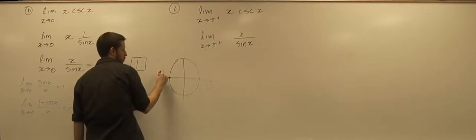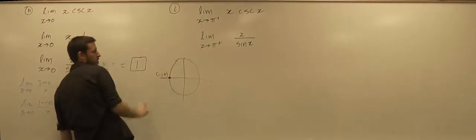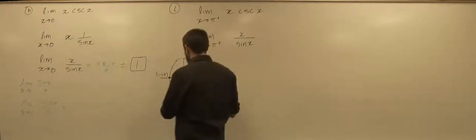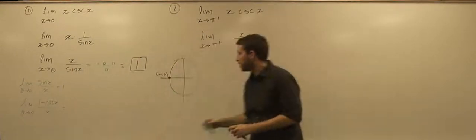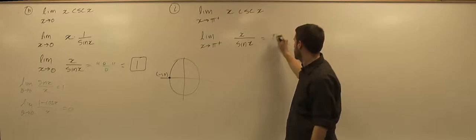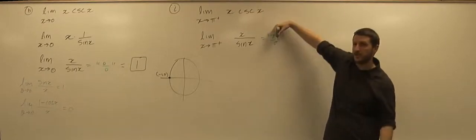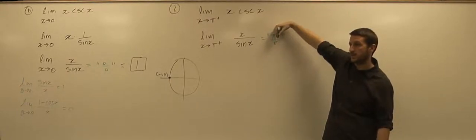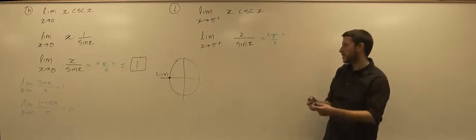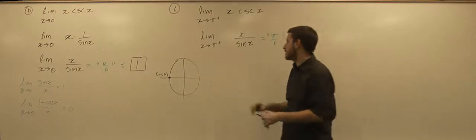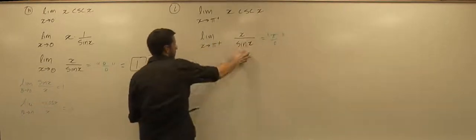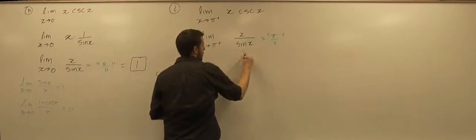So you get 0 on the bottom, but when you plug in pi to the top, you get pi. So a non-zero constant over 0, now we're expecting some sort of infinity. And so the whole trick becomes figuring out what the signs are on the bottom.